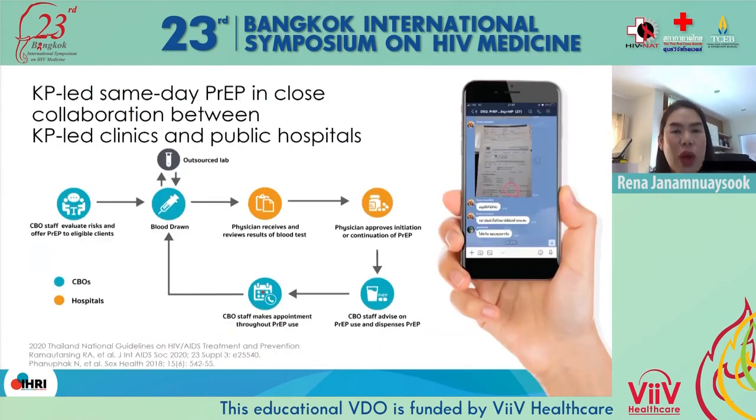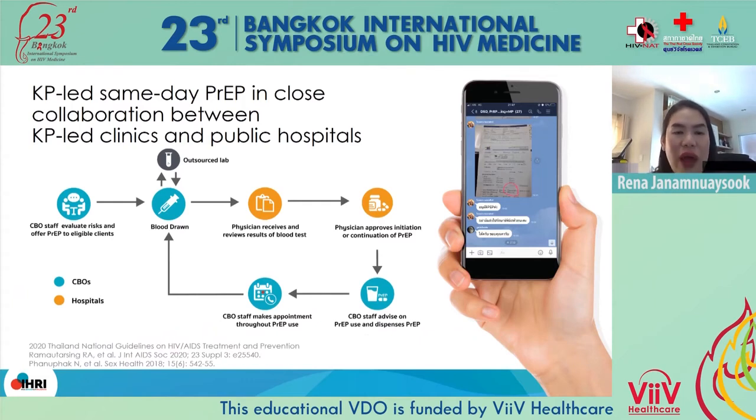This slide shows you how key population-led same-day PrEP has been undertaken in close collaboration between KP-led clinics and public health hospitals. You can see in the graphic on your left-hand side, if you are a client interested in getting PrEP, you will visit the key population-led clinic at the community-based organization.